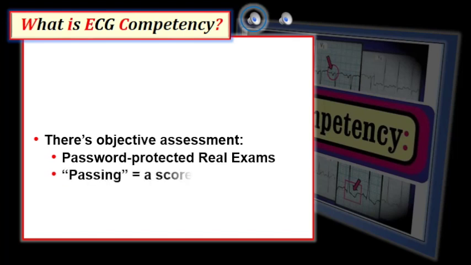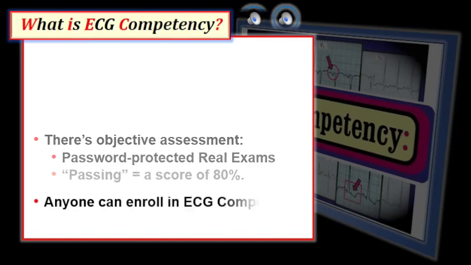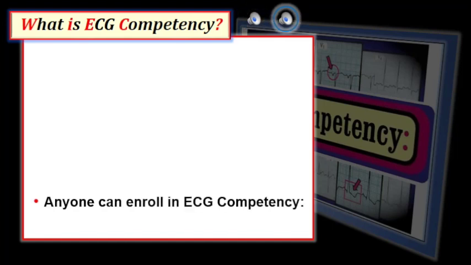A score of 80% is deemed passing, that is, meeting expectations for family medicine training or for a primary care clinician in practice. Anyone can enroll in ECG competency, although content and level of difficulty is aimed for clinicians in primary care.